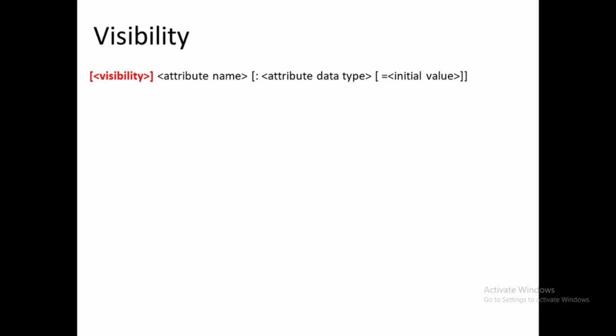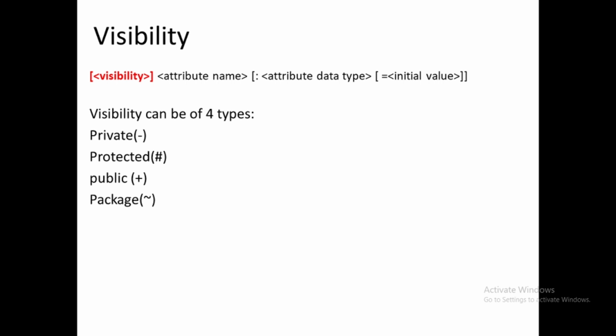As you can see here in the syntax, at first we have to give visibility. And actually no need to specify it, but any one visibility is compulsory. So if we don't take it, then automatically it will take the default value. There are 4 visibility options: private, protected, public, and package.